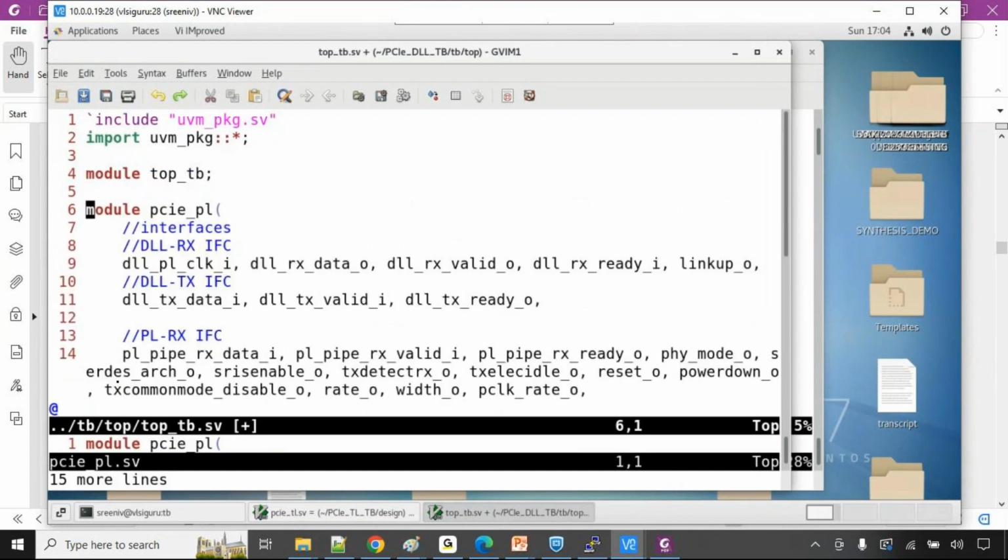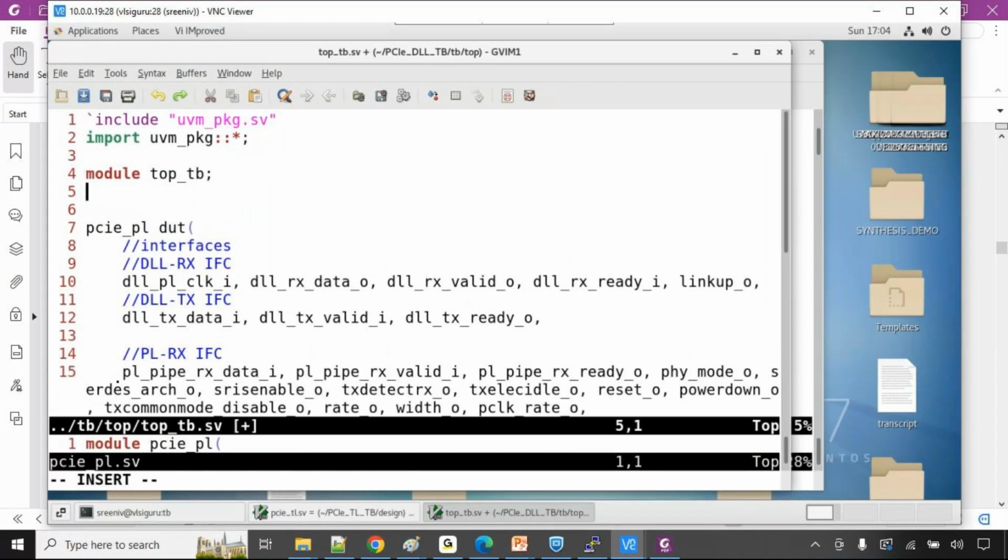I'm going to call this as a DUT, and I'm going to define these interfaces. Whatever I just now used, I'm just going to define interface, and I'm going to connect all these interfaces. So first interface is what? DLL PL, DLL PL RX interface, intf. You can call it as DLL PL.